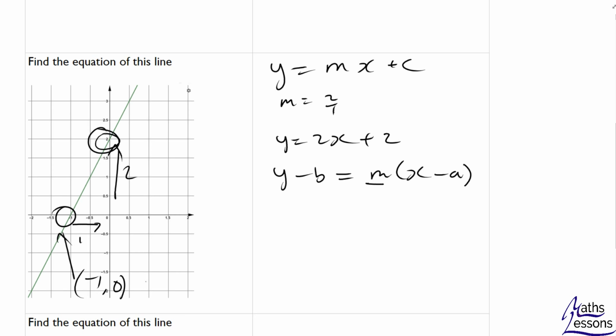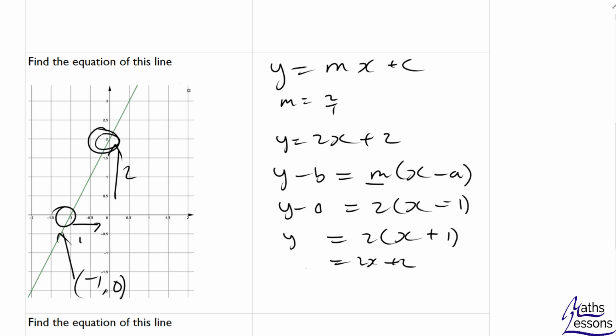So our a value is minus 1 and our b value is 0. So y minus 0 equals m times x minus a, which is x minus minus 1. Y minus 0 is just y, equals 2 times, let's make that into an add because minus and minus is plus, which gives us 2x plus 2. And you can see both methods give you the same answer.